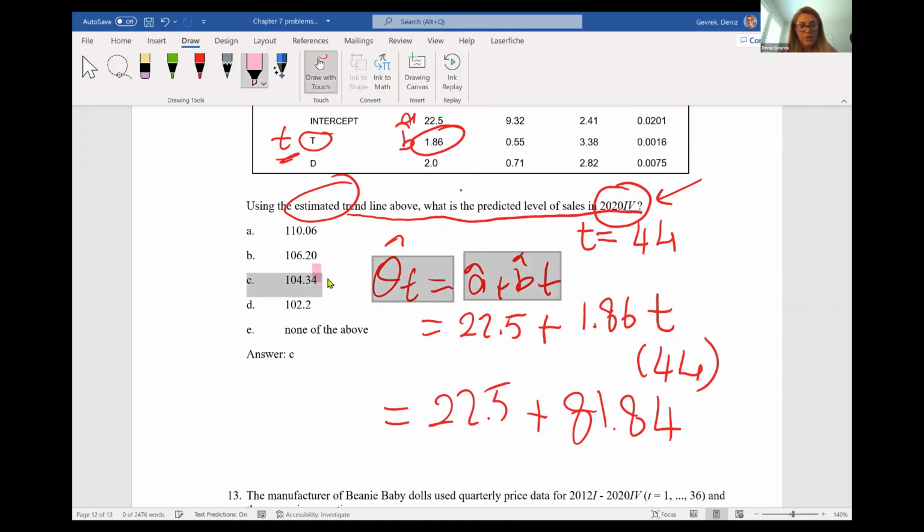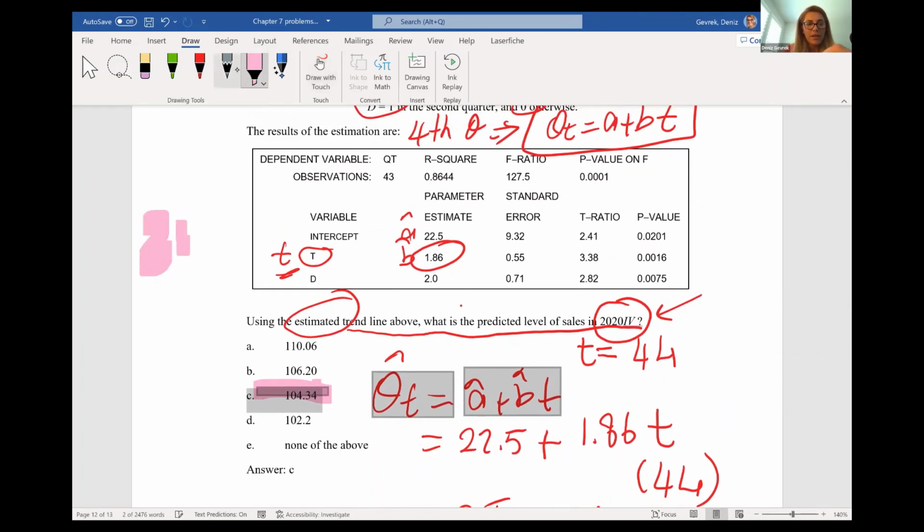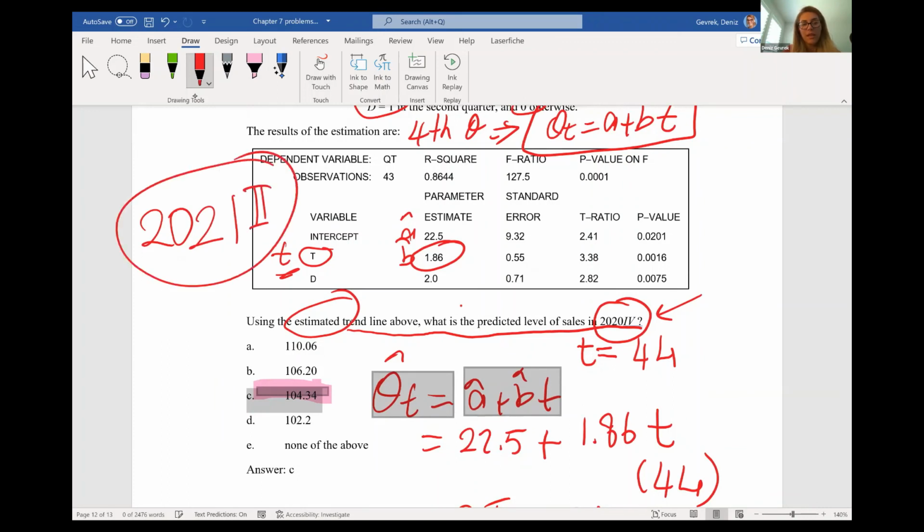So it's not too bad, but what if it said 2021 second quarter? I like making things hard to give you. Then you would count up.